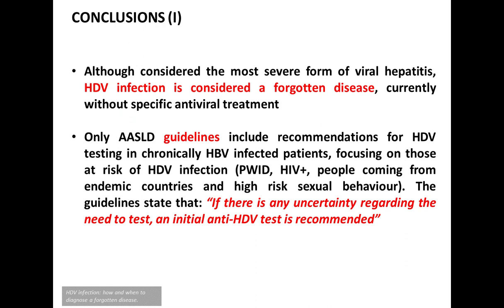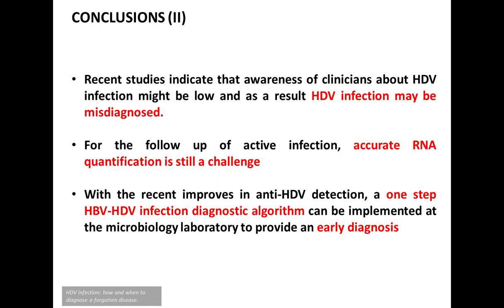Only the American guidelines include a recommendation for delta virus testing in chronically hepatitis B infected patients, focusing on those at risk of delta infection, who are people injecting drugs, HIV positive, or people coming from endemic countries and having high risk sexual behavior. The guidelines also state that if there is any uncertainty regarding the need to test, an initial antibody test is recommended.